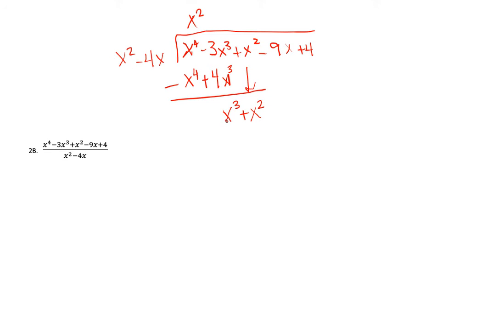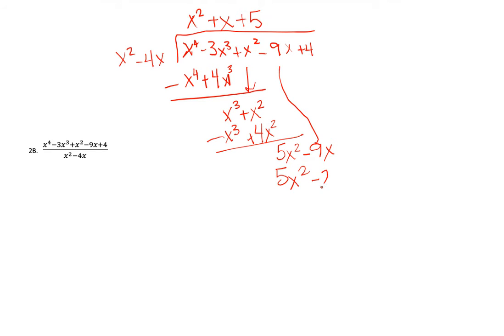x squared needs to be multiplied by x in order to get x cubed. So now I'll multiply that through. x times negative 4x is negative 4x squared. We're subtracting. So this becomes 5x squared. And I'm going to bring down my negative 9x. x squared times 5 is going to give us 5x squared.